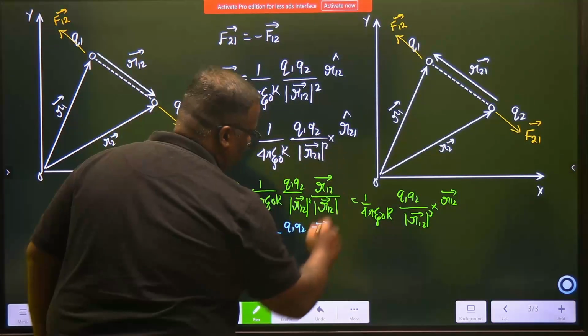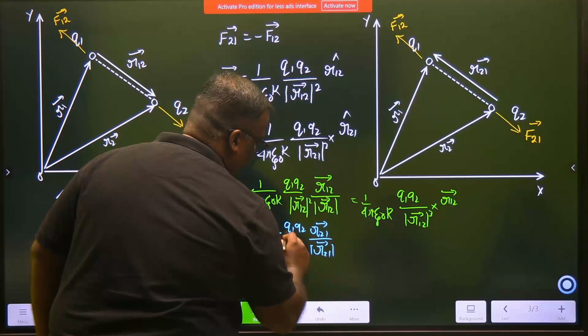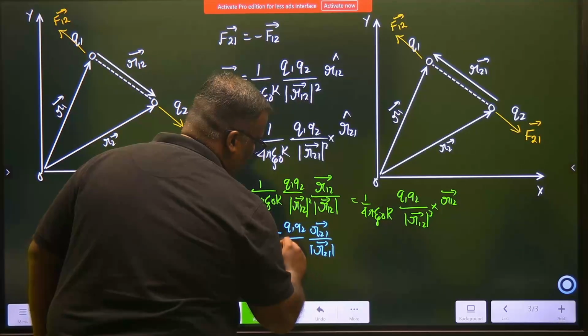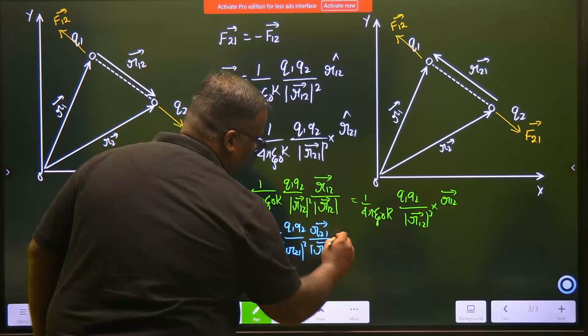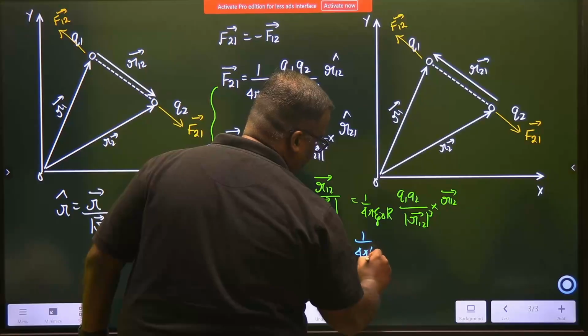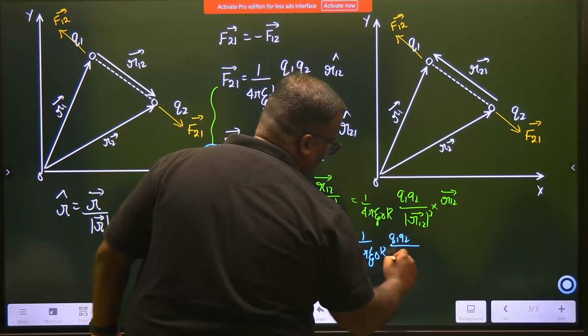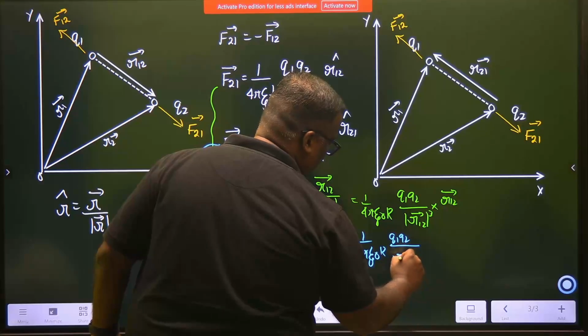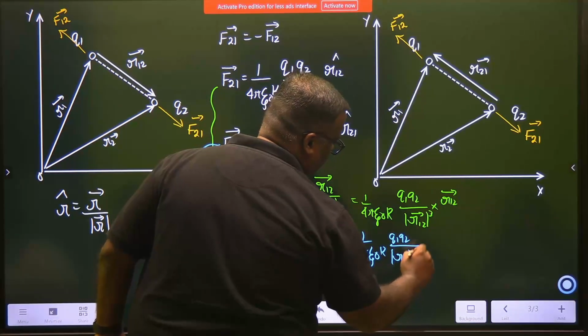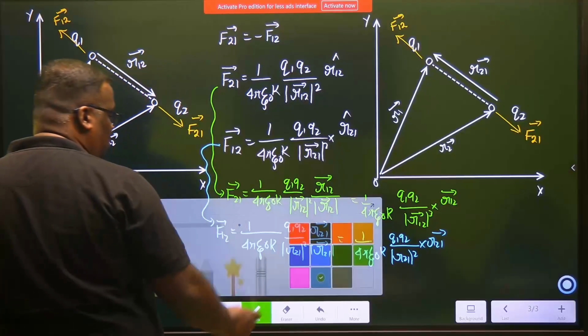So the unit vector is the vector divided by the magnitude, stripped off, and here you already have R21 square. So this becomes 1 by 4 pi epsilon naught K Q1 Q2 over R21 square, R21 vector.